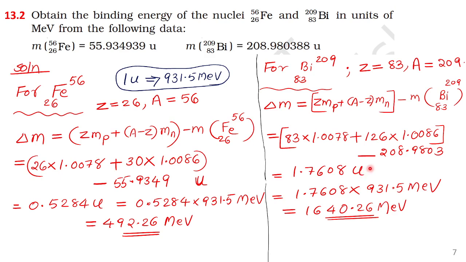So 1.7608 atomic mass unit into 931.5 mega electron volt will be the binding energy. So 1640.26 mega electron volt will be the binding energy of the bismuth nucleus.